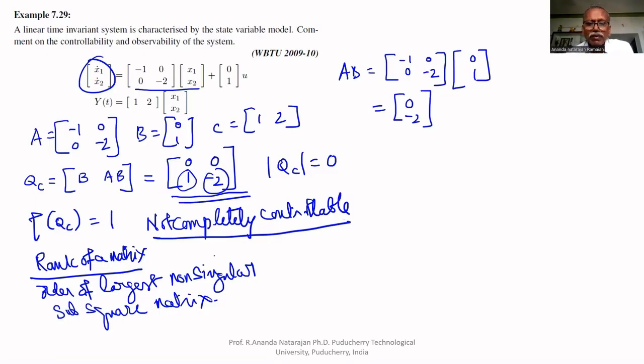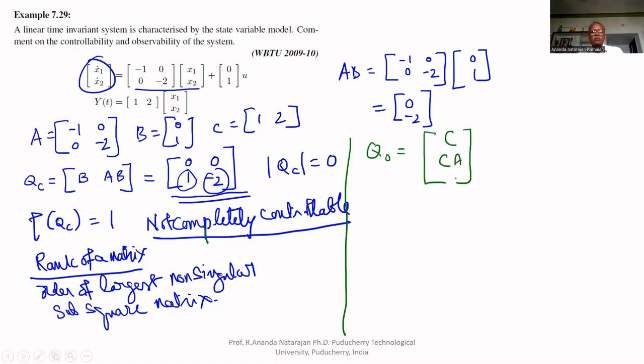What about observability? Q naught for observability equals C, CA, because it is a second order system. That's why only these two. What is C? C is 1, 2.